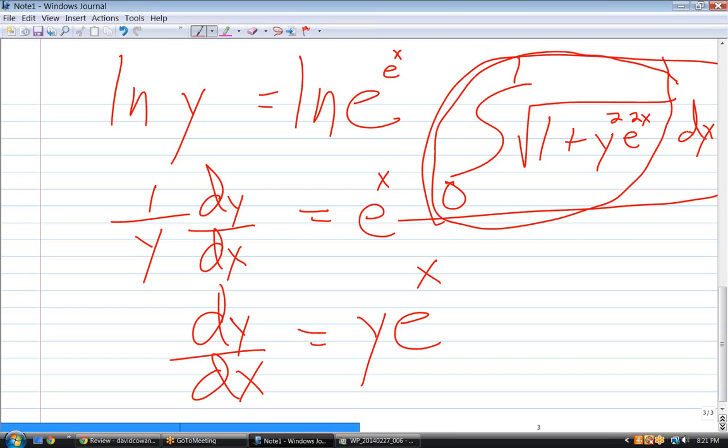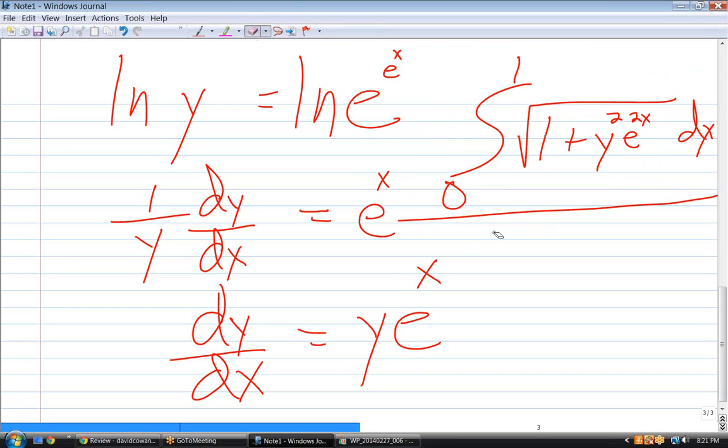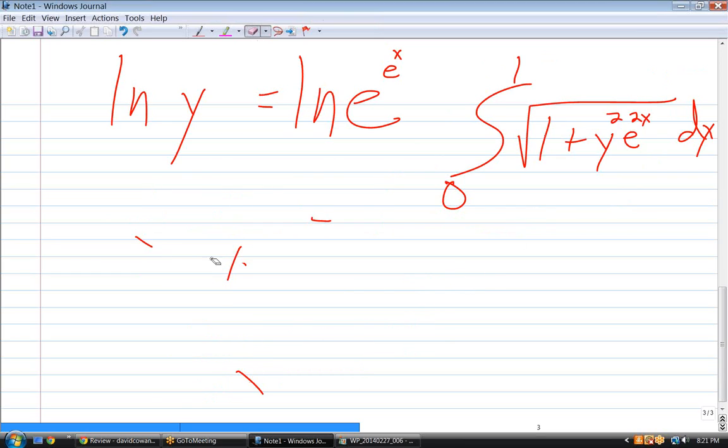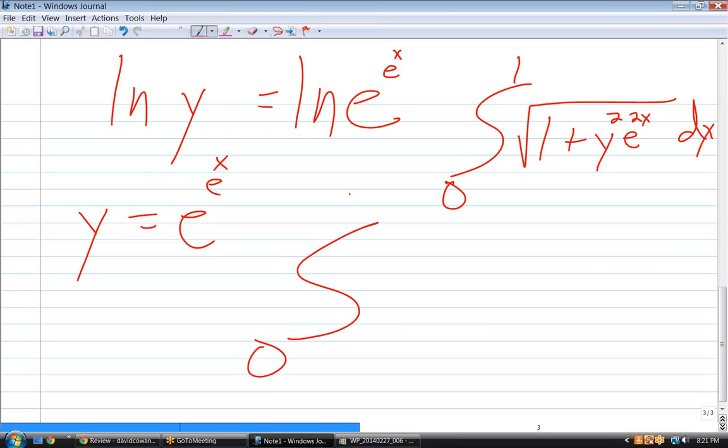So you can only integrate it with respect to x if your function is entirely in x. So we have to go back and substitute for y. And we know what y is. y was equal to e to the e to the x. So now we have from 0 to 1, square root of 1 plus y squared.